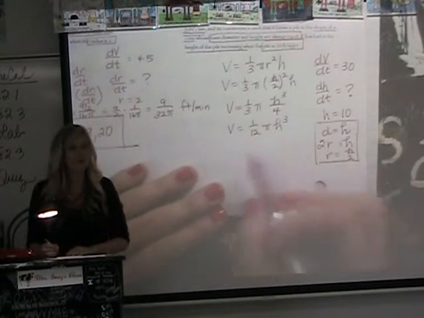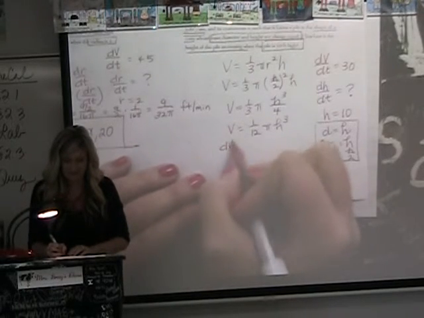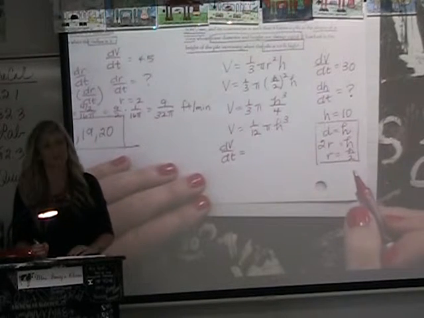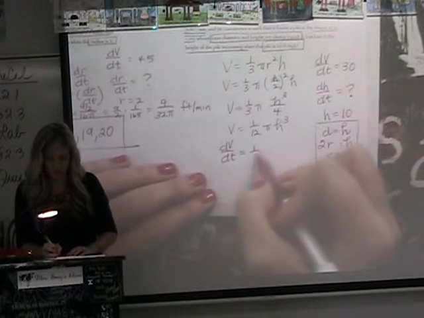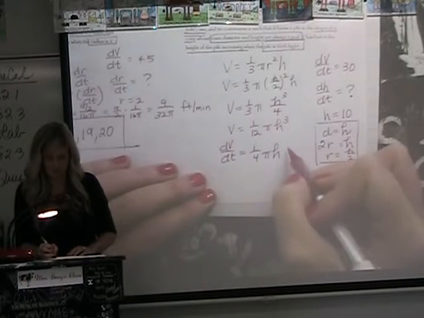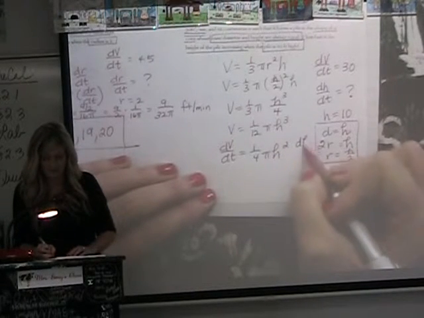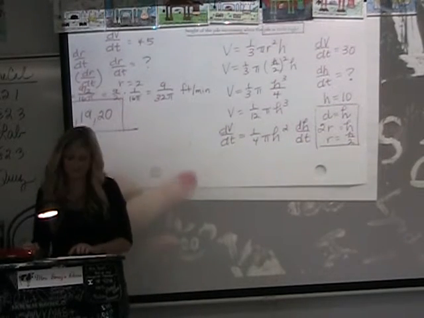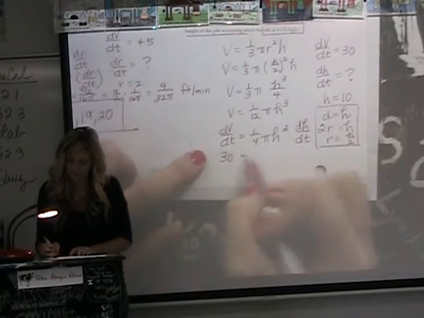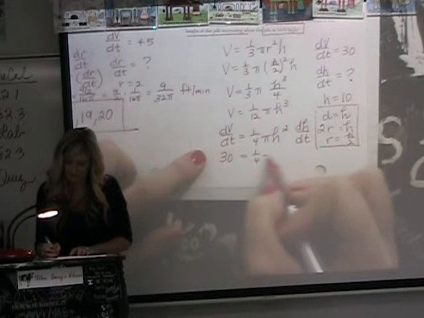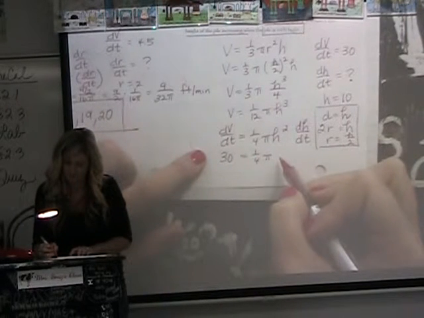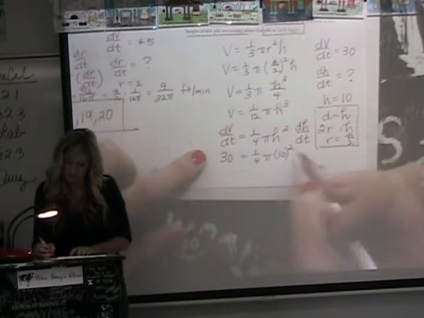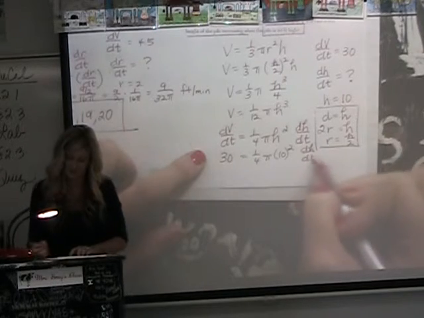All right, so now we're ready to take the derivative. dv by dt equals what? 1/4 pi h squared times dh by dt. dh by dt is what I'm solving for. dv by dt is 30. H is 10, and I don't know what dh by dt is.